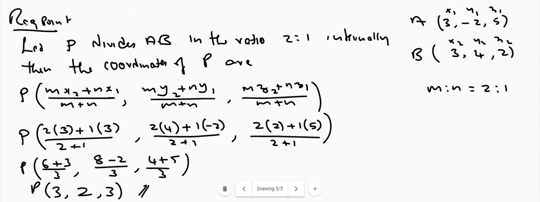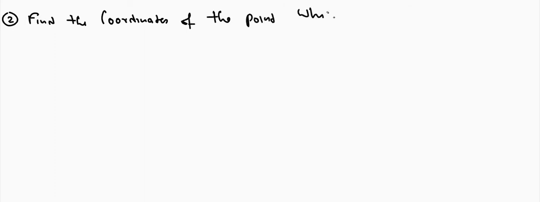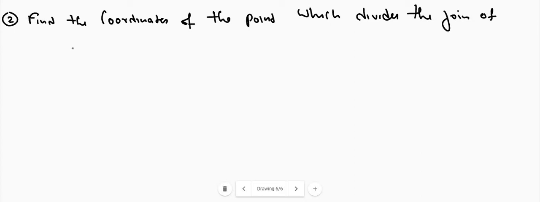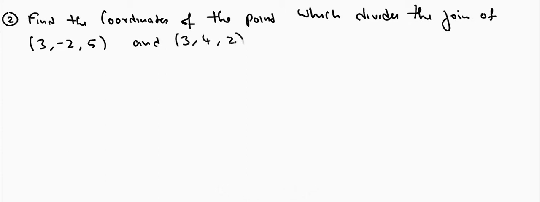Okay. Next question number 2. Find the coordinates of the point which divides the join of, same question, (3, -2, 5) and (3, 4, 2) in the ratio 2:1 externally.